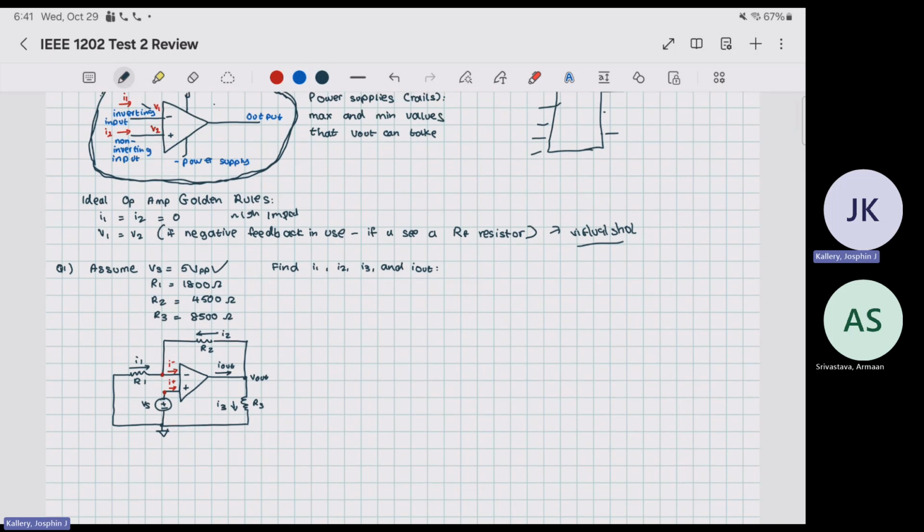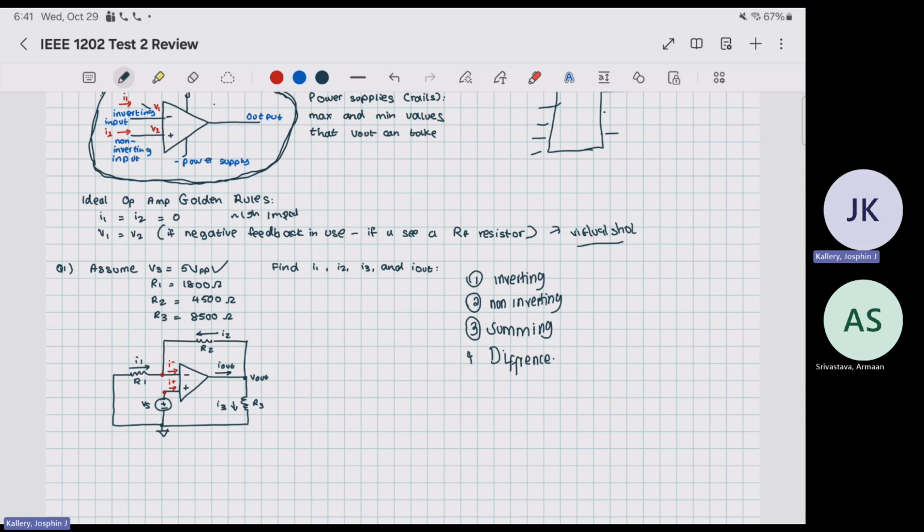Operational amplifiers come in different configurations. We have inverting and non-inverting, summing, and difference.